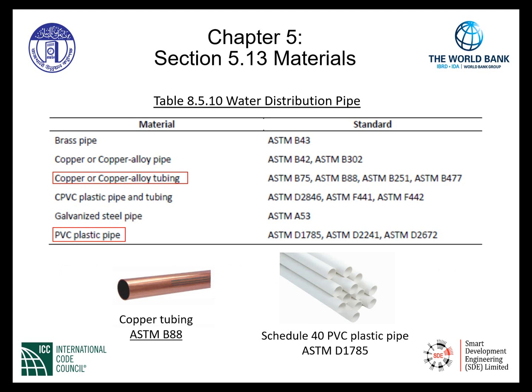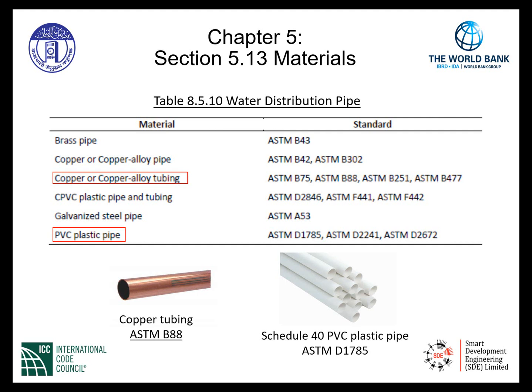Applying the table 8.5.10 for water distribution pipe materials, we find a copper tubing that may be selected for our water distribution system. The associated standard is ASTM B88 for that particular copper tubing material. PVC plastic pipe.